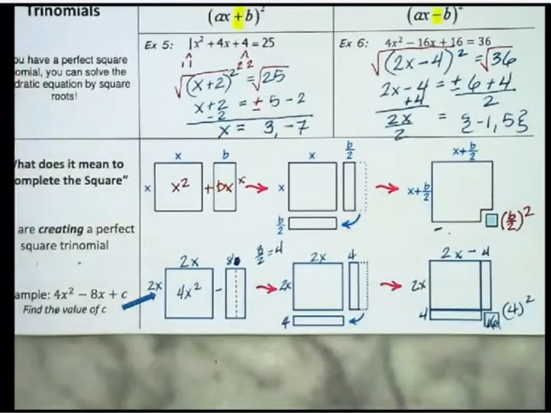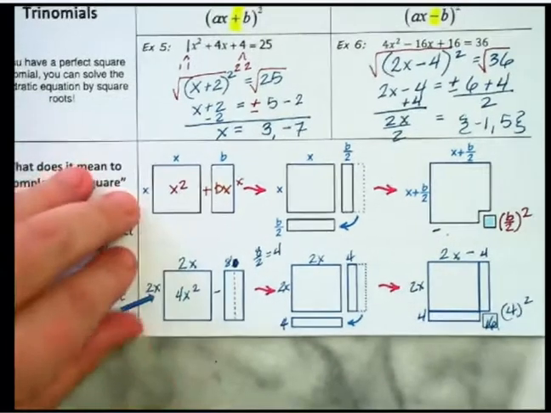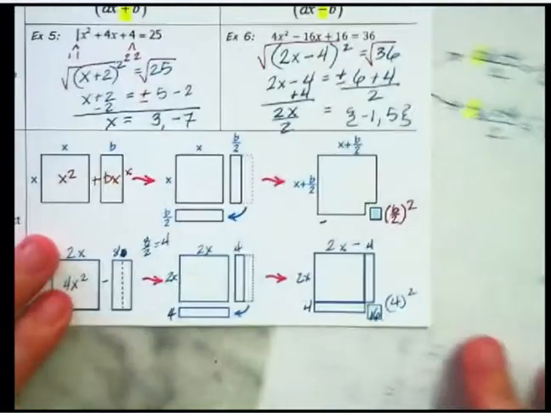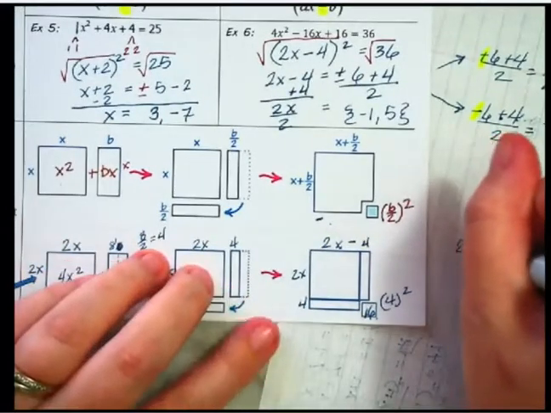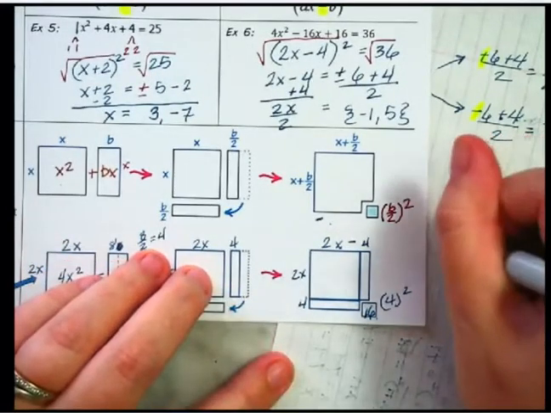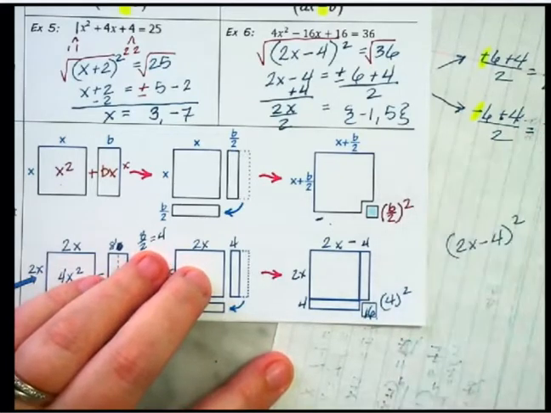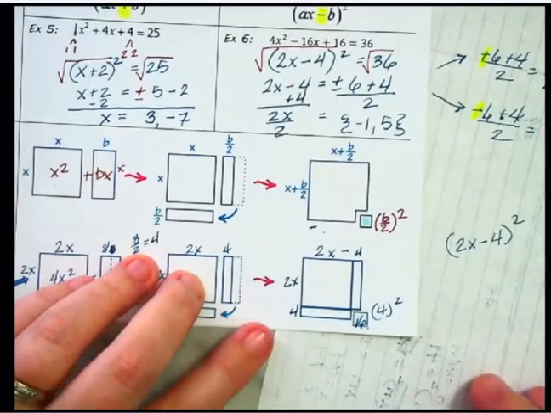And if you did 2x minus 4 squared, let me show you my scratch work to prove this. So 2x minus 4, and if I square it, that's how you find the area of a square.